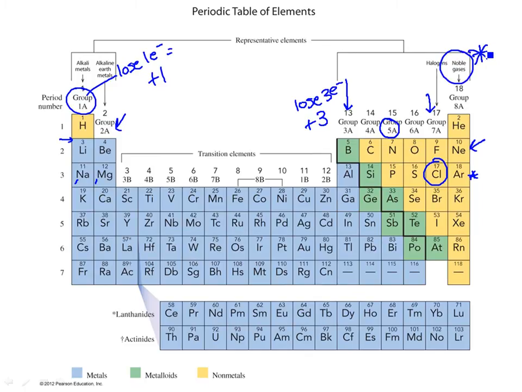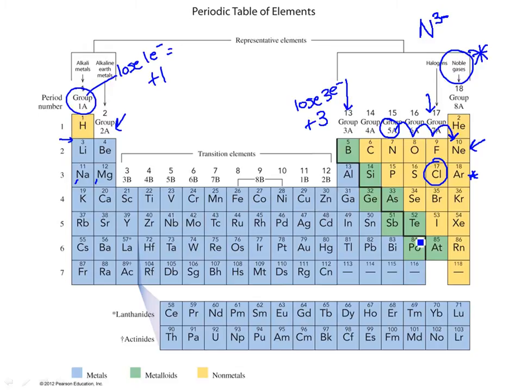In order for group 5 to obtain this noble gas configuration, they have to gain 3 electrons. So 1, 2, 3. Therefore, your group 5 elements are going to form a negative 3 charge, because they gain 3 electrons in order to be like the nearest noble gas. I just used nitrogen as an example there, but it's all of the nonmetals in group 5.